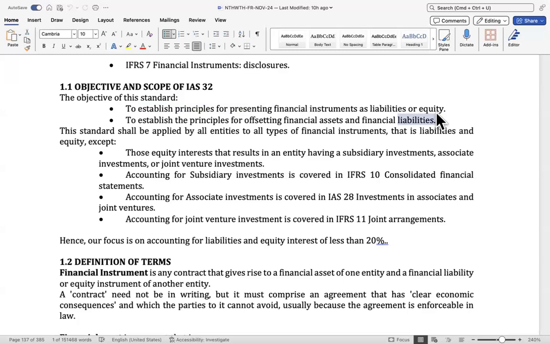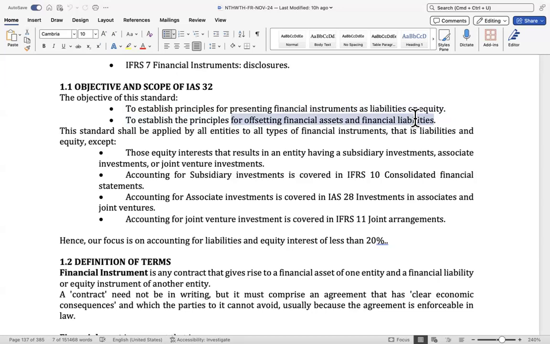So IAS 32 will make you know when we have raised money through debt and when we have raised money through equity. Even before me teaching you, it should be particularly clear to you. And of course, you need to establish the other party that is making the money available, who is the investor. So IAS 32 will teach us all of that, and also the principle of offsetting. I won't really talk about offsetting here, but it exists.